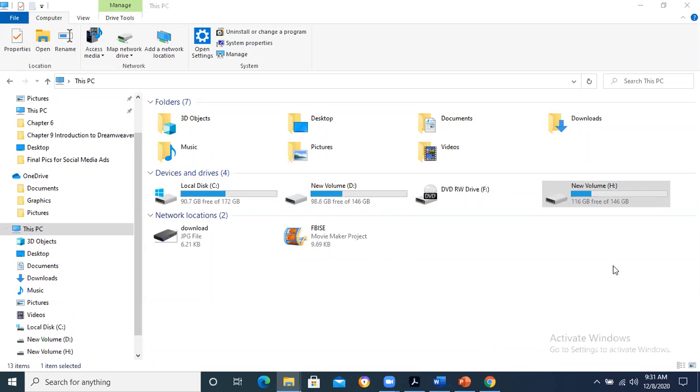I can take backup. I can make a copy on DVDs, or on any other removable portable hard drive if I have. I can take backup of at least the important files. Important files that I have made, I will have at least another copy of them. Getting this point? This is called backup.